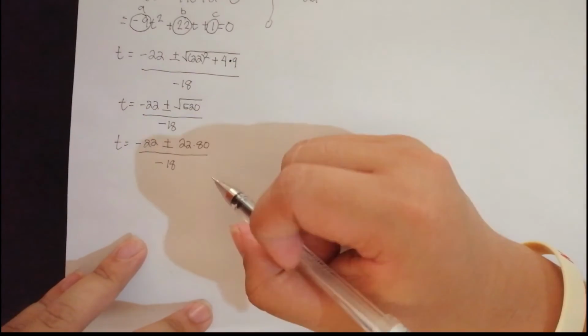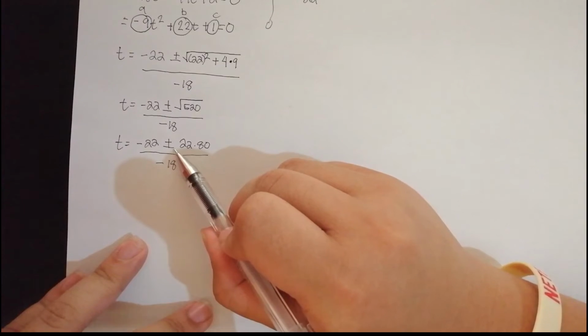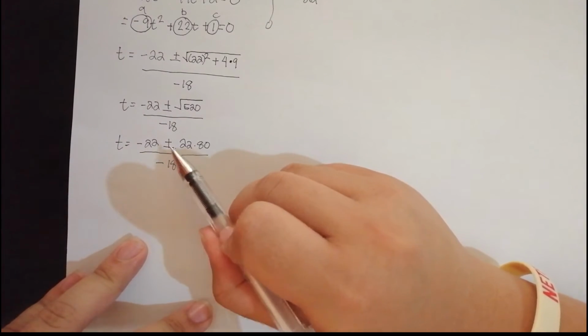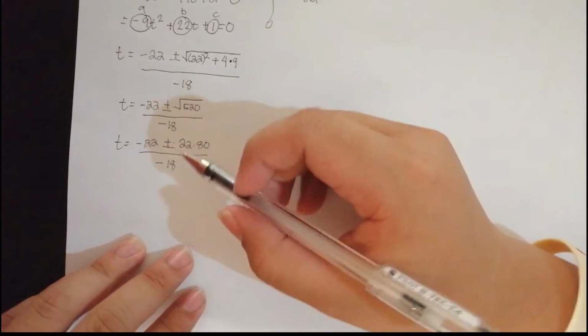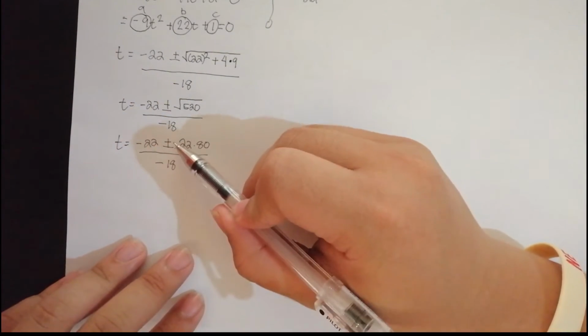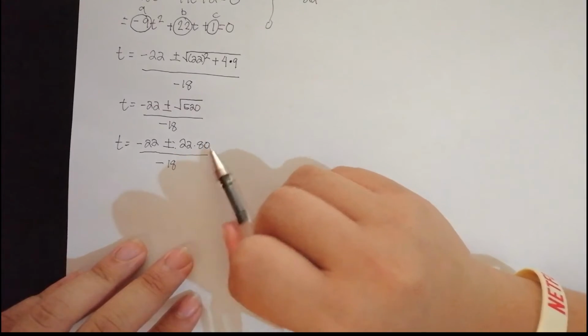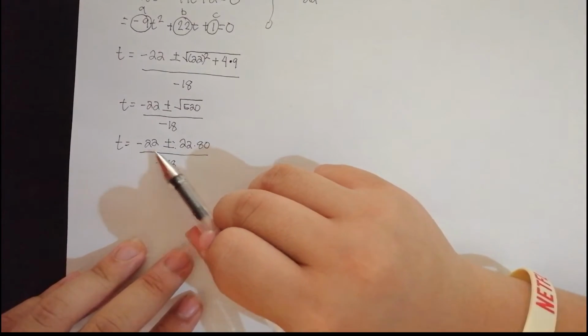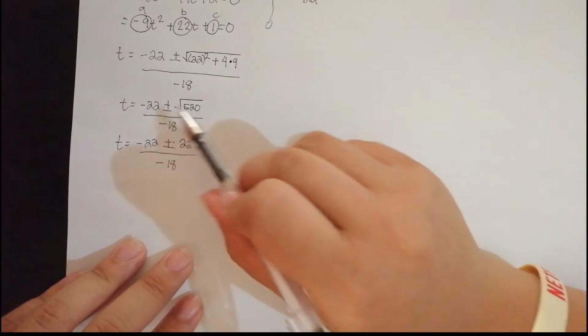Now here we will have to choose whether we will use the minus sign or the plus sign in solving this. So we will have to think about it. If we use the plus sign, since this is 22.80, which is bigger than negative 22, the numerator will have a positive value.